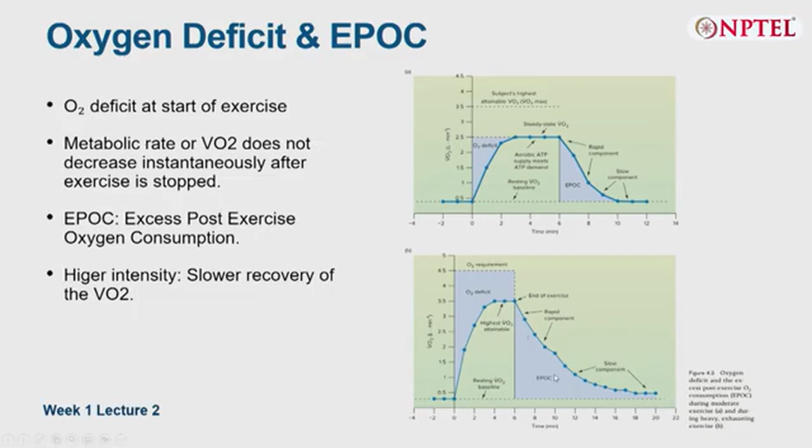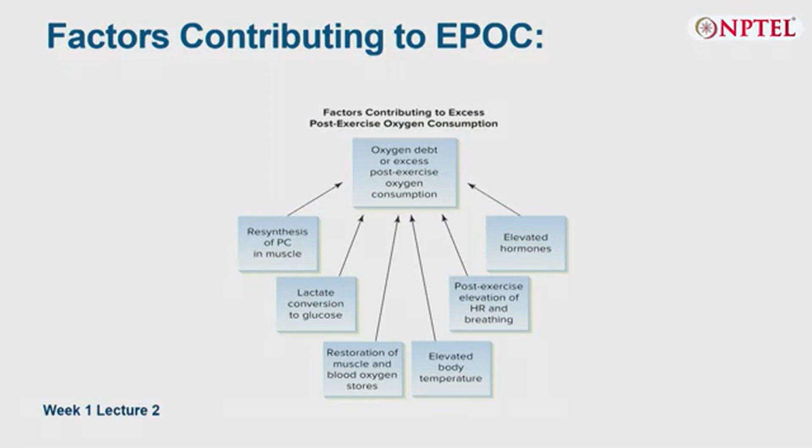There are two phases. One is the rapid phase of decline of EPOC, and the slower component is the delayed response. The reasons for the rapid and delayed components are these.